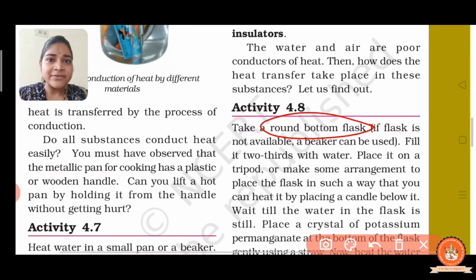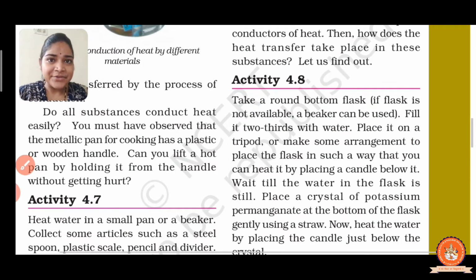So the apparatus required is a round bottom conical flask, tripod, potassium permanganate, Bunsen burner, etc. Right? Now let us start the activity.